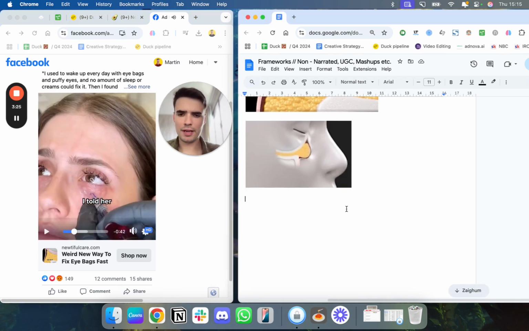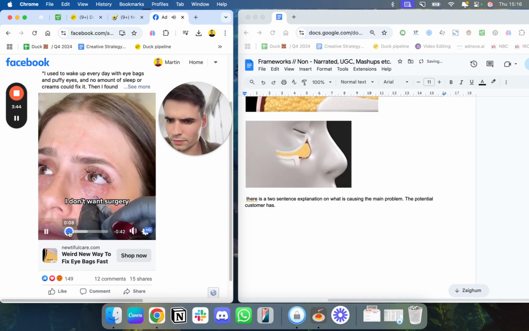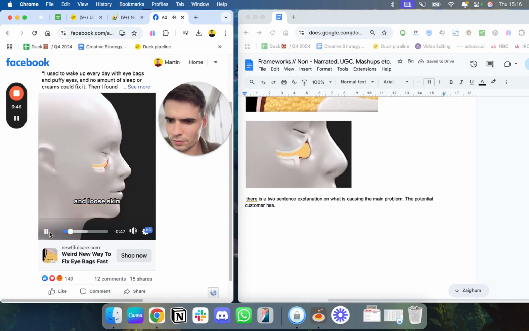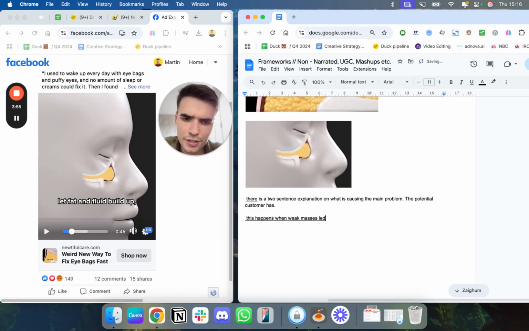An appearance we all hate. Okay, so what is happening? There is a 2-sentence explanation on what is causing the main problem for the potential customer. Let's take a look. My dermatologist told me that eye bags form when weak muscles and loose skin let fat and fluid build up, causing that puffy, swollen appearance we all hate.